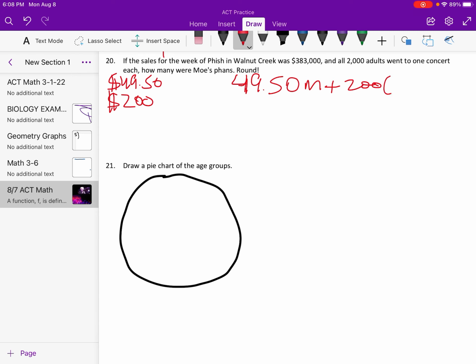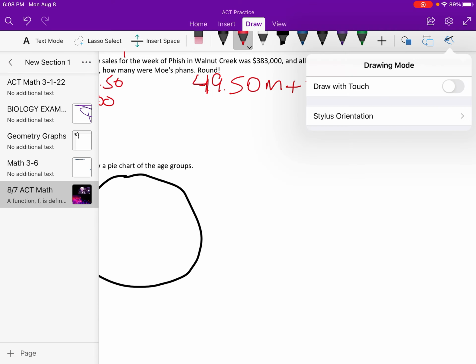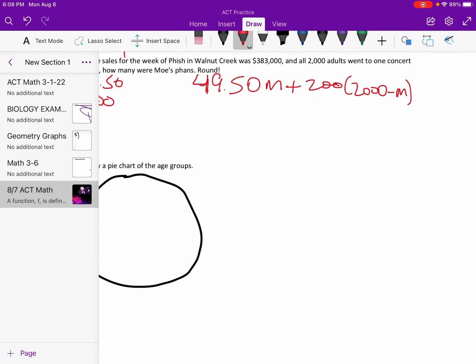So how do we find what's not Moe's? Well, that's 2,000 minus M, because we know all the other ones are these. Hopefully that makes sense. If we know that there's only 2 kinds of fans, 2,000 minus the Moe's fans we know are the not Moe's fans.